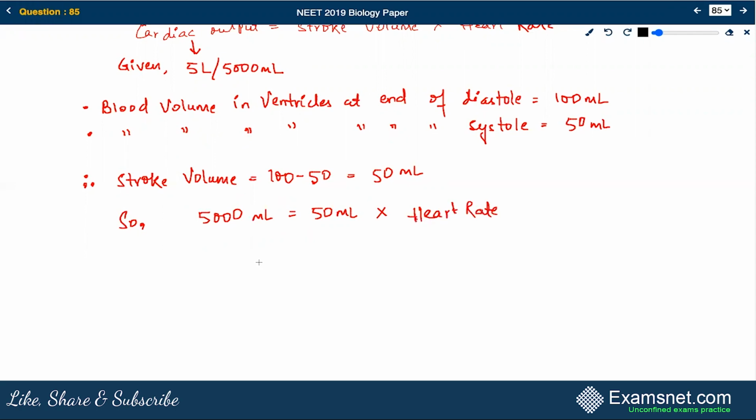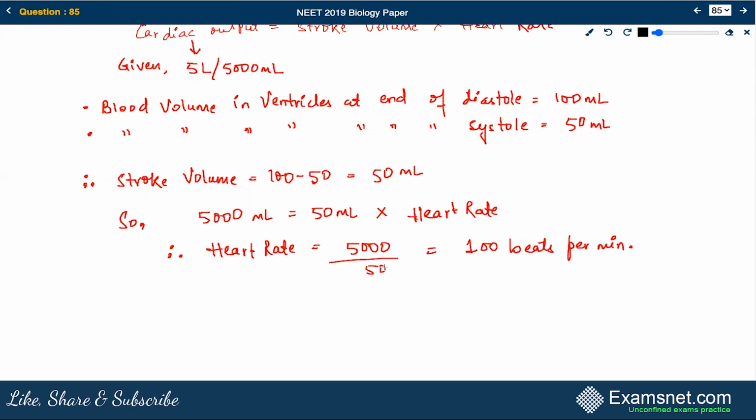Clear? So therefore heart rate will be 5000 divided by 50. That means 100 beats per minute.